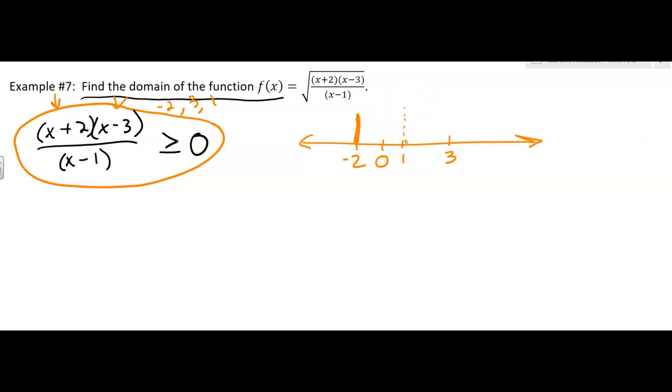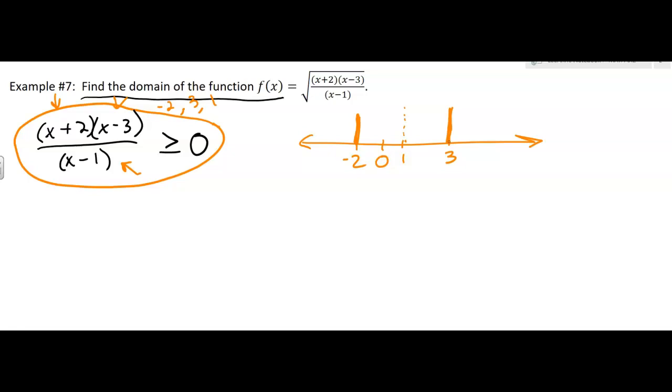That's that second restriction I was talking about. I'd be dividing by 0 and I can't have it. Can I have it equal 3? Yep. It can be 0 in the numerator. It just can't be 0 in the denominator. Now, I put solid lines for the numbers I'll be including in the domain and a dotted line for the one that I'm not including in the domain.